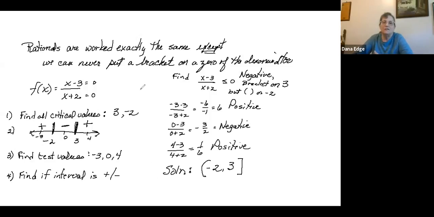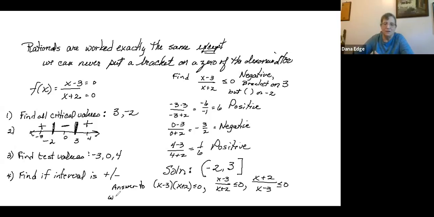Now, what's really weird is that since we're only looking for positives and negatives, the answers to x minus 3 times x plus 2 is less than or equal to 0, x minus 3 over x plus 2 is less than or equal to 0, and x plus 2 over x minus 3 is less than or equal to 0, will only differ in parentheses and brackets.